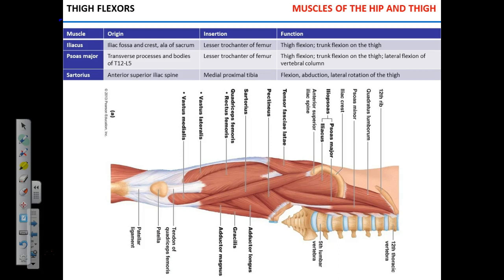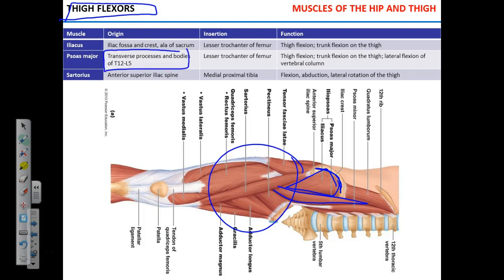So we're going to start with the muscles that flex the thigh. Doing this. There are two muscles, iliacus and psoas major. Iliacus originates at the iliac crest and inserts into the femur. You can't really see the femur here, but trust me.